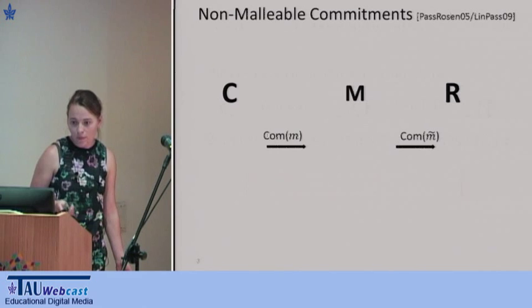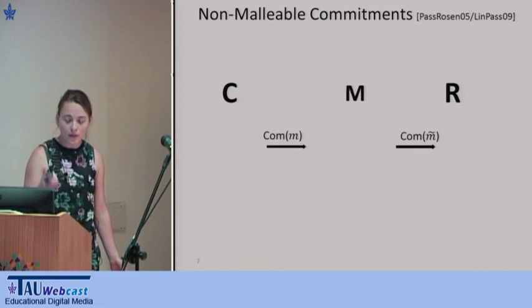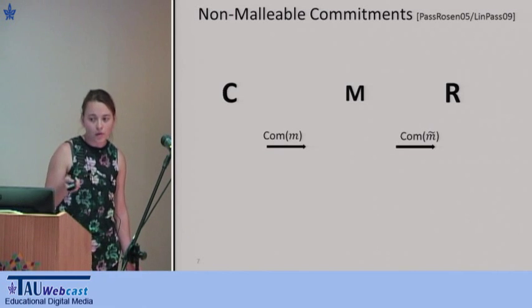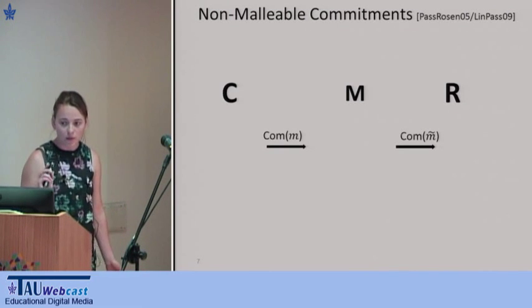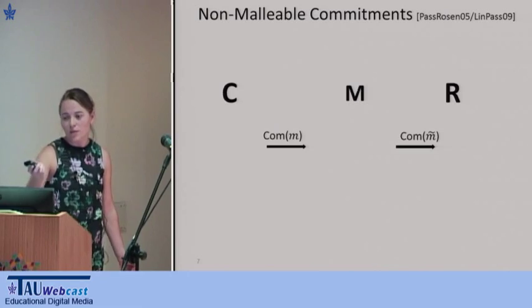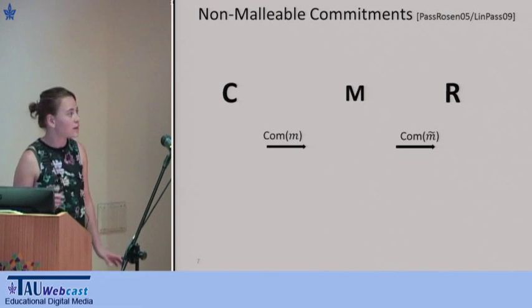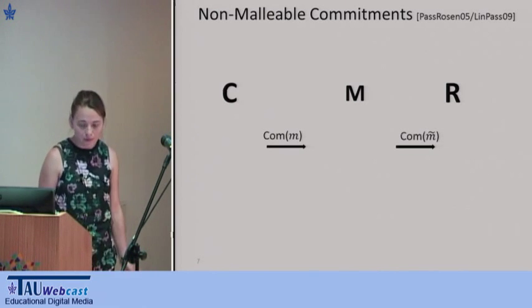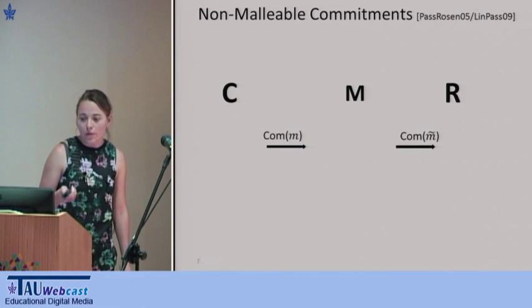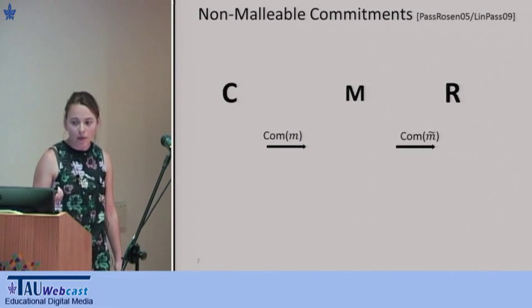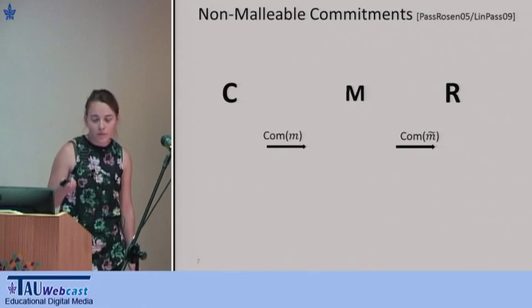More formally, we'll see the definition, and we'll use the definition of Pass and Rosen. This is a stronger definition, with respect to indistinguishability. Actually, we'll use the definition of Lin and Pass, but they're the same. So again, we define non-malleability via the simulation paradigm.